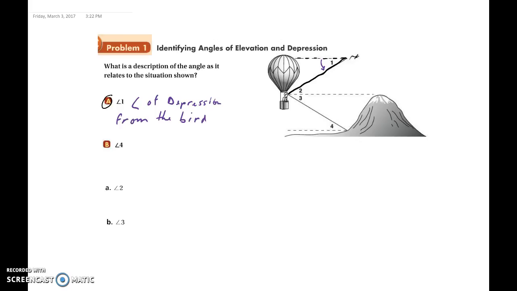Angle 2, I'm going to do next. Here's the eyesight of the human in the hot air balloon looking out. Well, here the person is looking up to the bird. So angle 2 is an angle of elevation of the person.